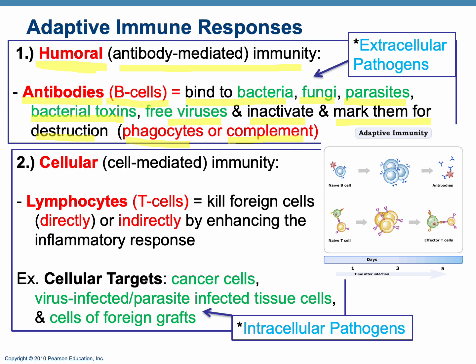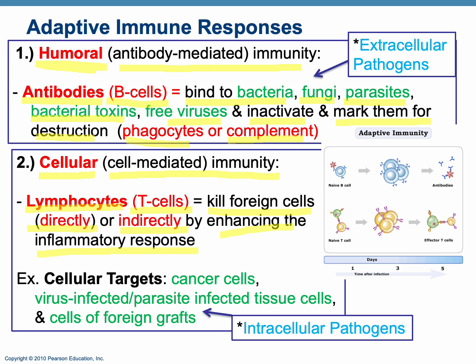All right, the next type of immunity here, the second category, is the cellular, cell-mediated immunity. And the focus here is on T cells, so T lymphocytes. And they're important. Ultimately, they can kill foreign cells either directly or indirectly by enhancing the inflammatory response.